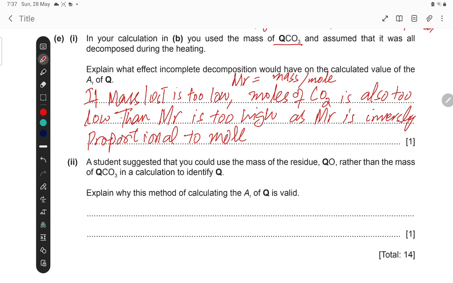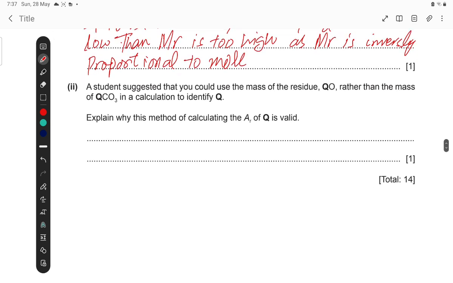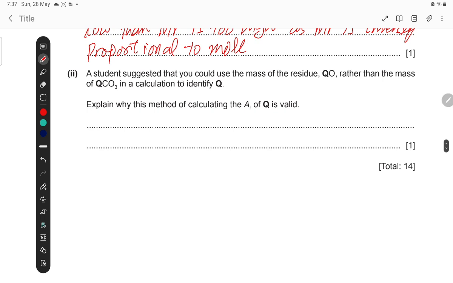If there is incomplete decomposition, obviously mass lost is too low, so it affects the Ar of Q. So the Ar of Q will be very high. A student suggested that you could use the mass of the residue QO rather than the mass of QCO3 in a calculation to identify Q.